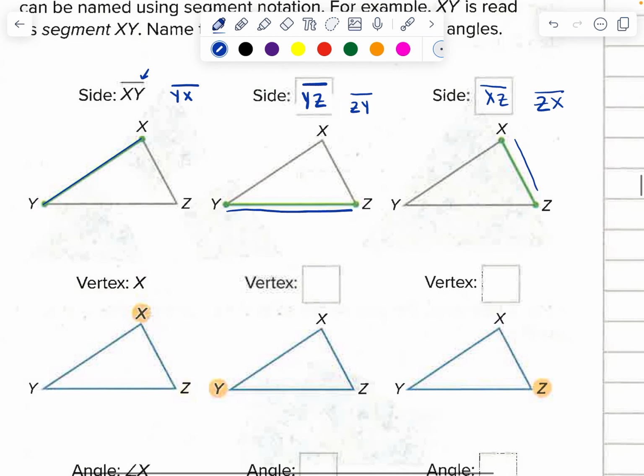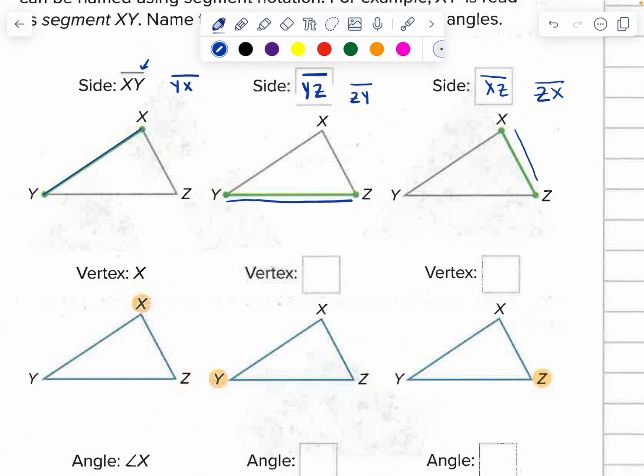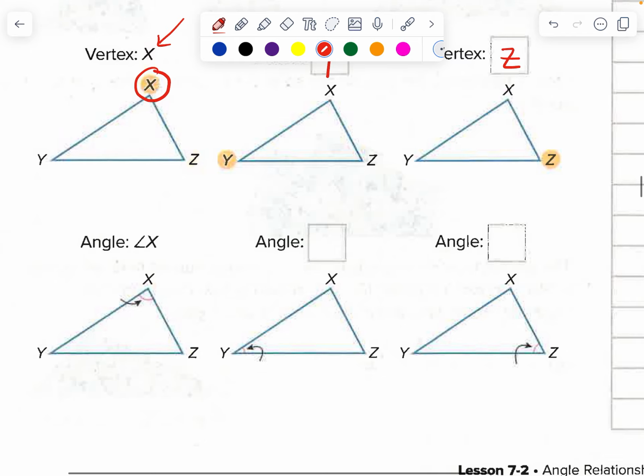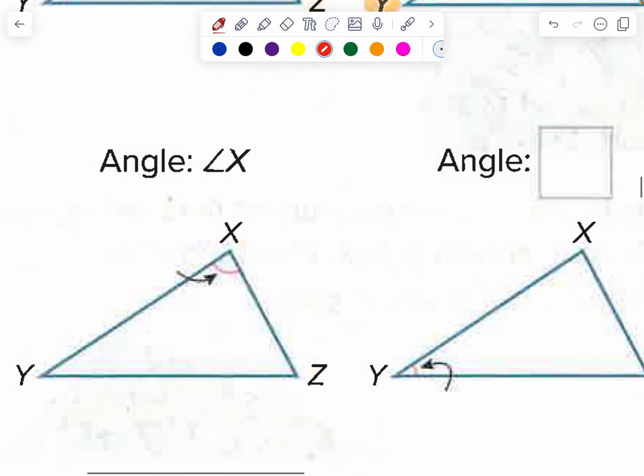Okay, now, the vertex. This one right here is the vertex X. The one highlighted is the vertex Y. And this one is Z. Okay? Now, this is angle X. I also want to say that there is another way that you can name this angle.